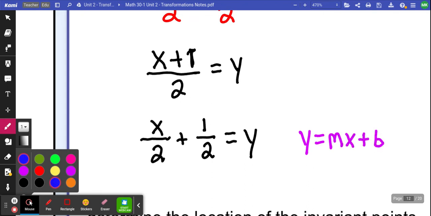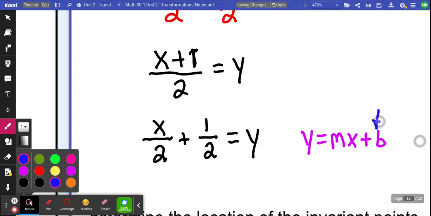This thing is your y-intercept because it's your constant. This thing is your slope, meaning it tells you the rate at which you're increasing to get to the next point. So by having it in this form, I could easily graph it.